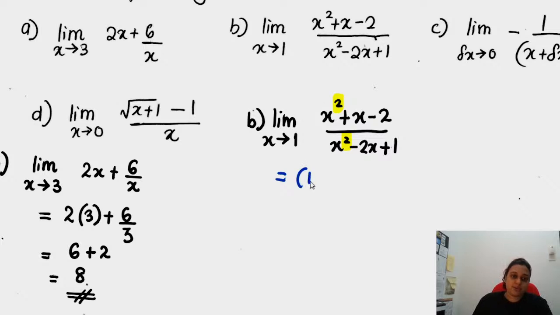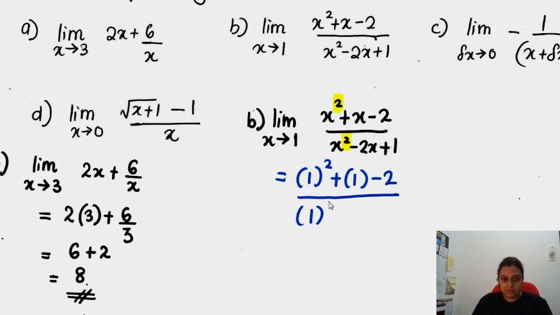I'm going to substitute 1 inside the x. So this is going to be 1 squared plus 1 minus 2, divided by 1 squared minus 2 times 1 plus 1. You can key in the calculator. 1 plus 1 minus 2, we get 0. 1 minus 2 plus 1, 0 also.